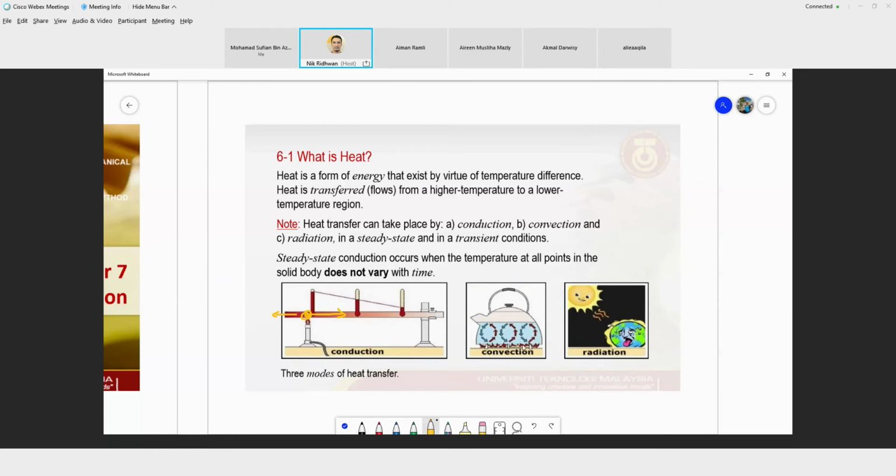And then the second one is by convection. So when we supply heat, in this case to the bottom surface of the kettle, the heat will hit the lower surface of this kettle, right?